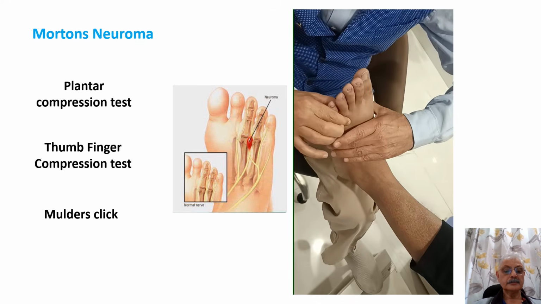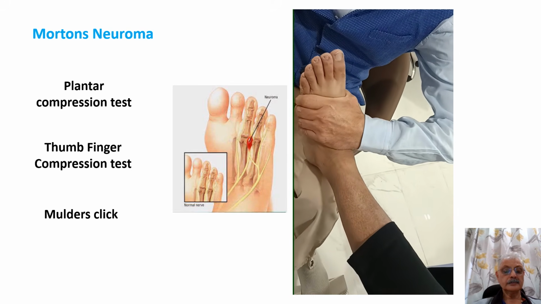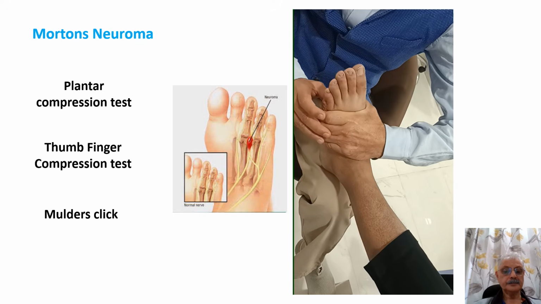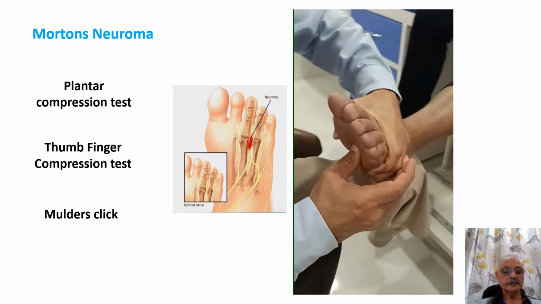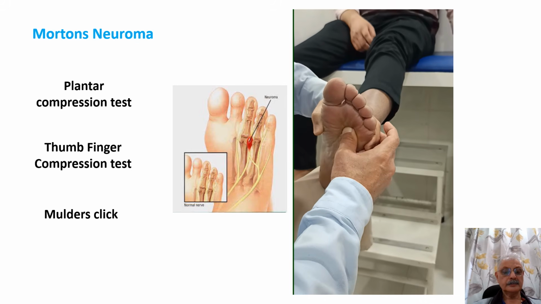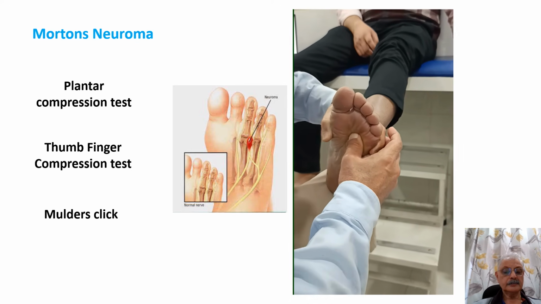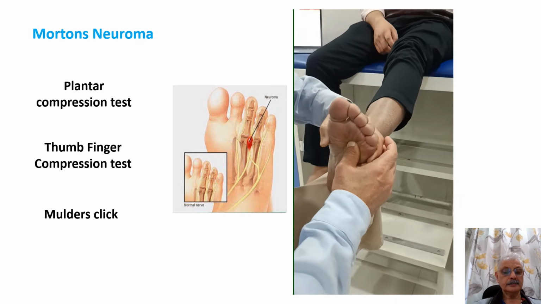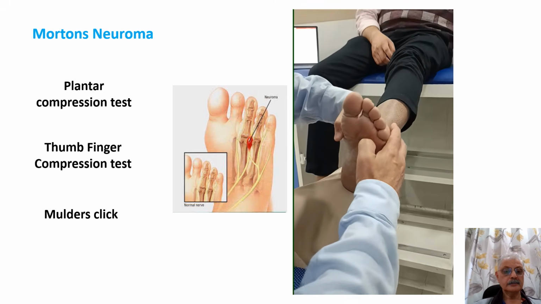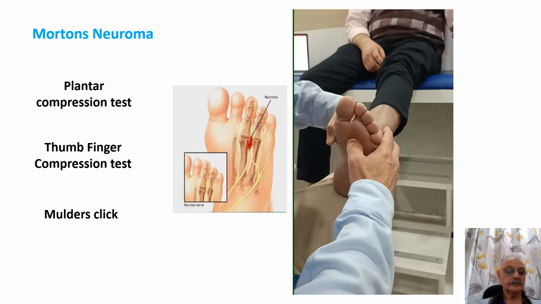And the other test is that you squeeze all the metatarsals and place your finger or thumb under the affected interdigital space, and you may be able to appreciate a click which is called Mulder's click. Mulder's click should not be confused with the Mulder sign, which is actually the paresthesias in the ball or the metatarsal head region.